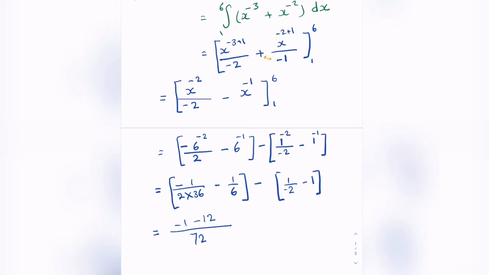Okay. Then here, minus half, minus 1 is minus 3 over 2. So this is going to be minus 13 over 72 plus 3 over 2.